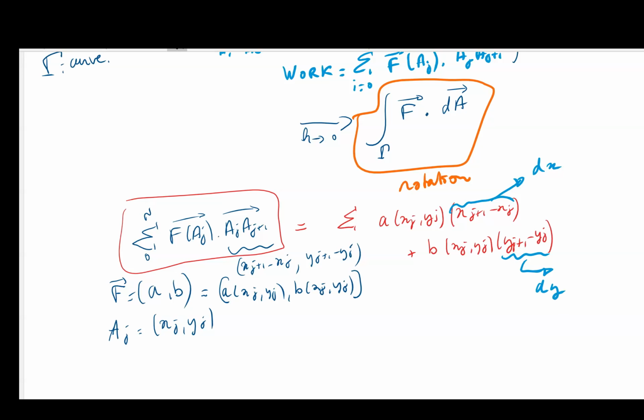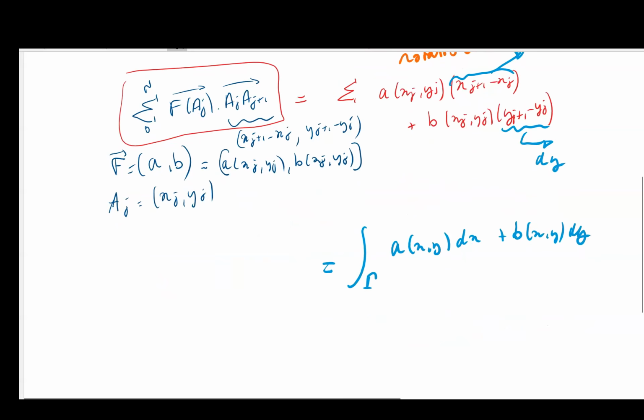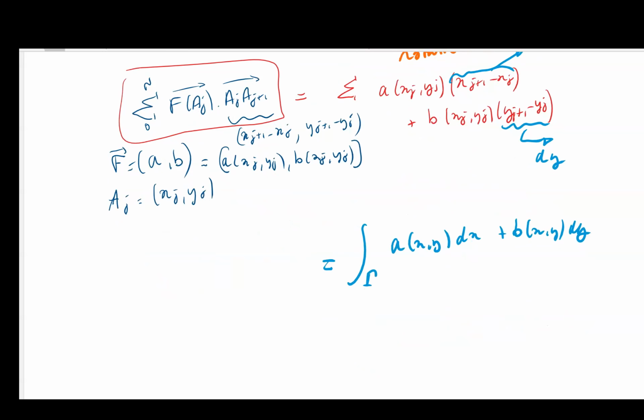So the notation that I used here, the integral on the curve of f times this infinitesimal displacement vector, we will be able to rewrite as the integral on the curve of a(x,y) times dx plus b(x,y) times dy.